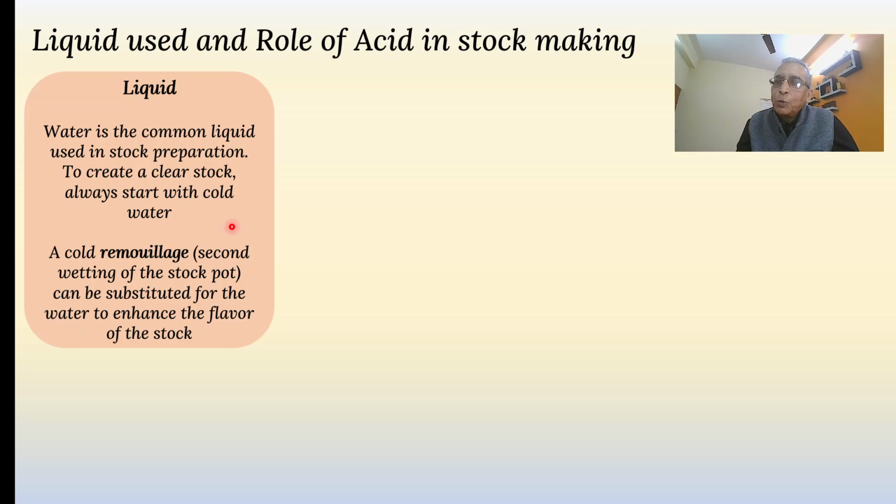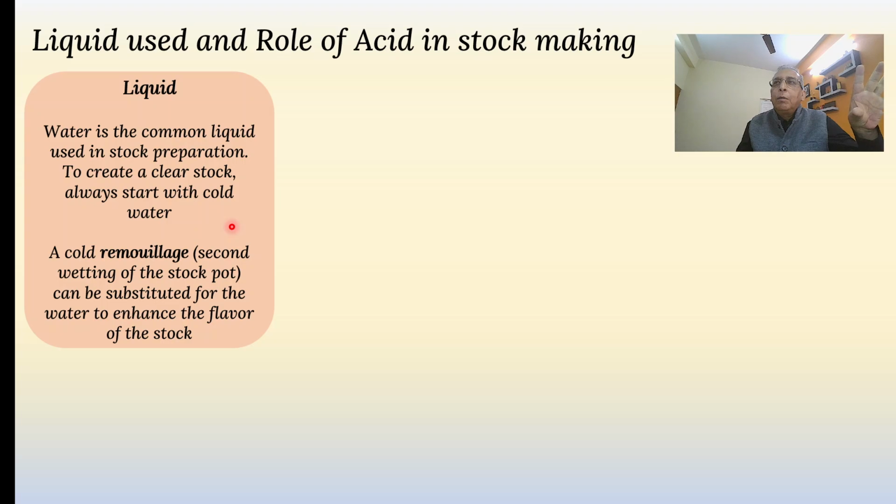Now these bones, which were already used for making stock, still have some nutrients and flavor in them. So what we can do is take out those bones and boil them in water for some more time. So what will happen? Some extracts will be extracted into that liquid, and then you use that liquid as a basic liquid for making a stock.